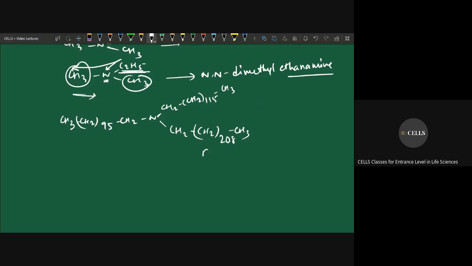Suppose this is R, this is R1 and this is R2. So we will consider only the longer direction. This one is the longer direction, so you have to consider like this.